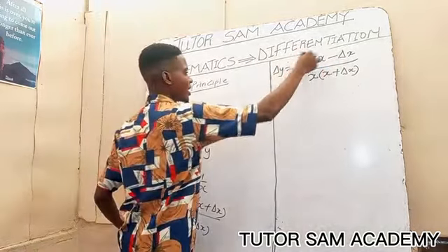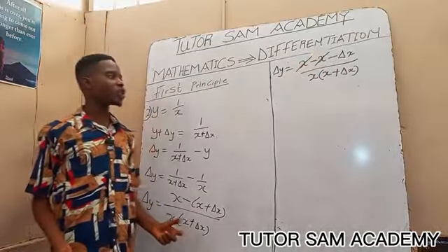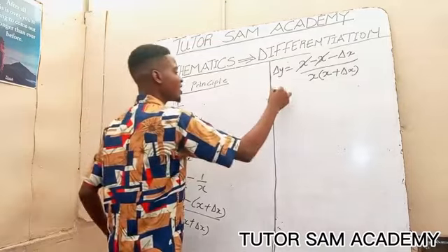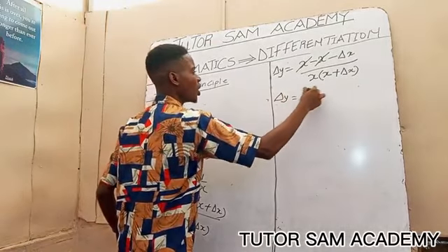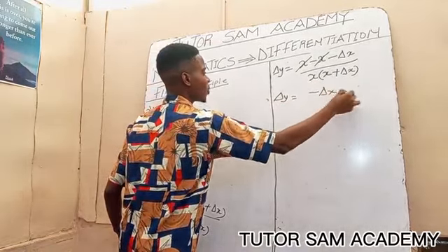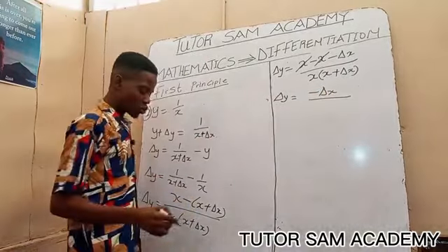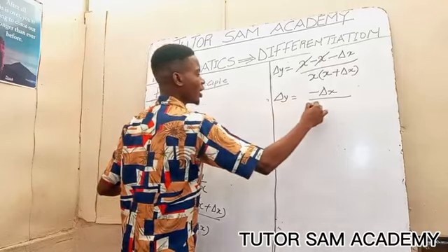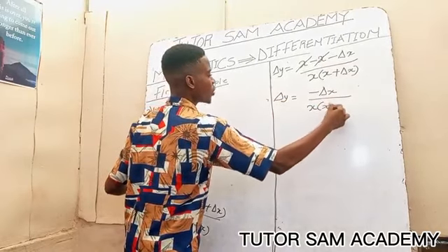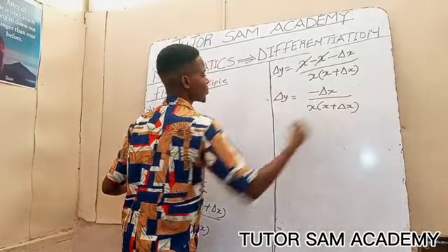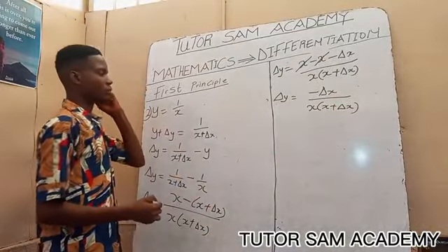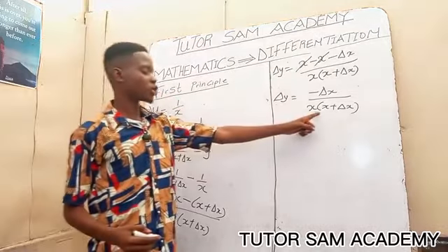So this is plus x, this is minus x. They will cancel each other. So this is change in y equal to minus change in x all over x into x plus change in x.